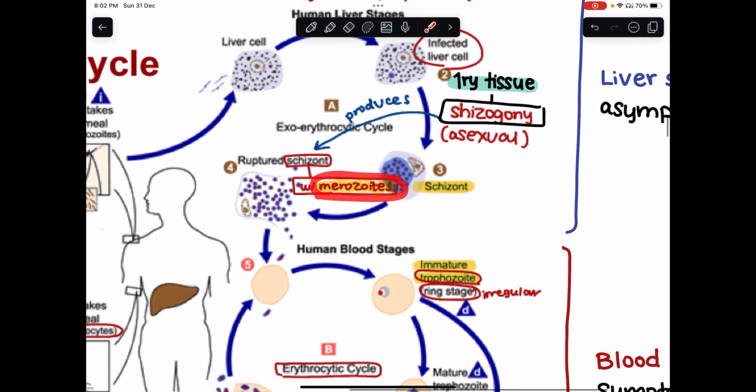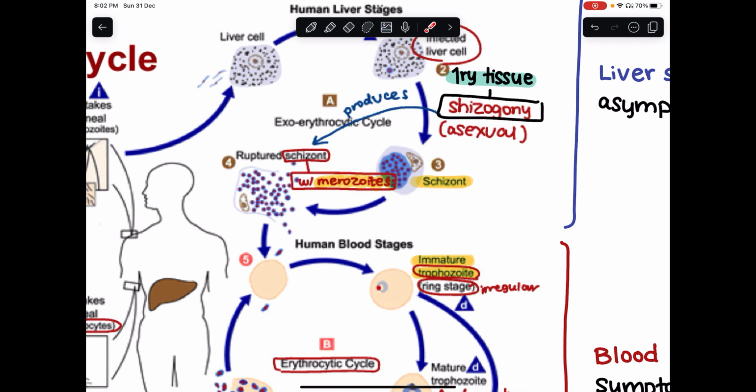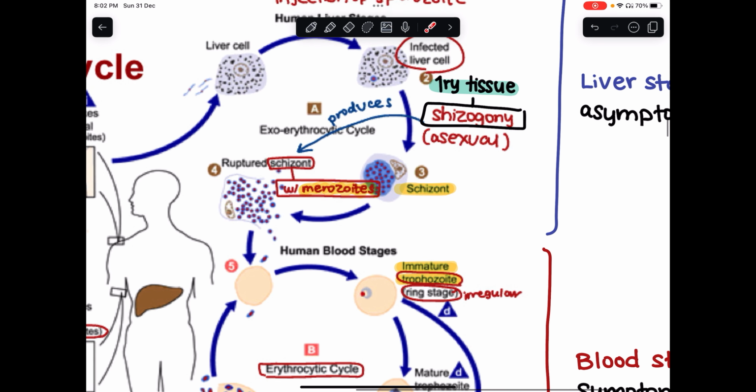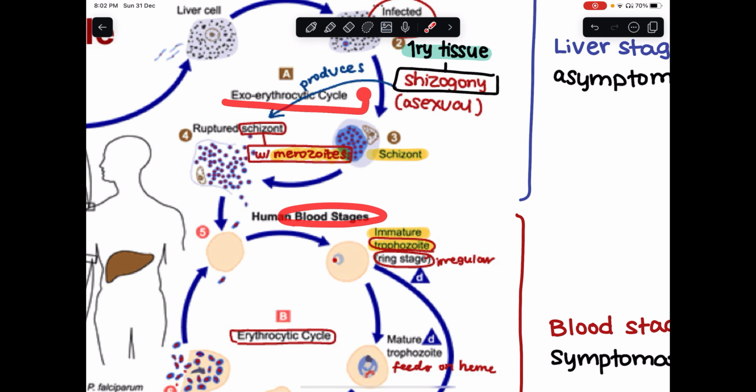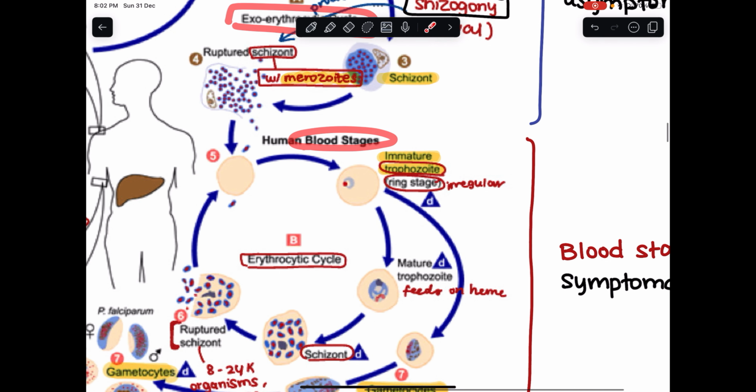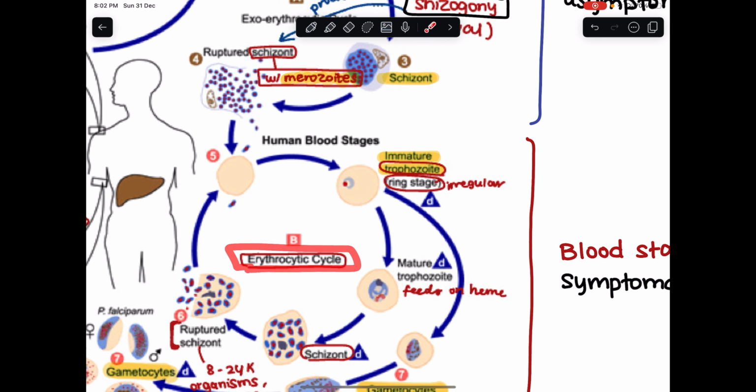So when there are way too many, this schizont, which is like the liver cell, is going to rupture, and then these merozoites are going to infect a blood stage. So here is our exoerythrocytic cycle, and here's our erythrocytic cycle. So now it's going to move into the blood cells.